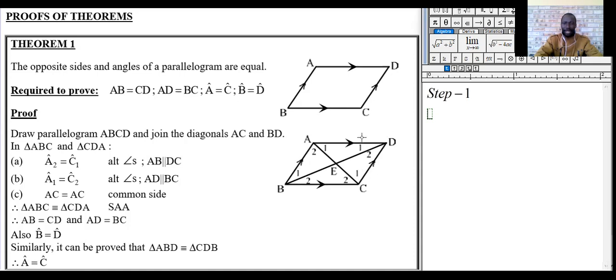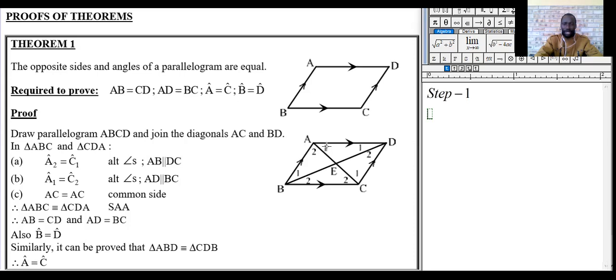Now we have this other diagram, this other polygon, with the lines now formed. Now that the lines have been formed, we would like to label them. We are going to label the angle at A, because the angle at A is now divided into two, 1 and 2.